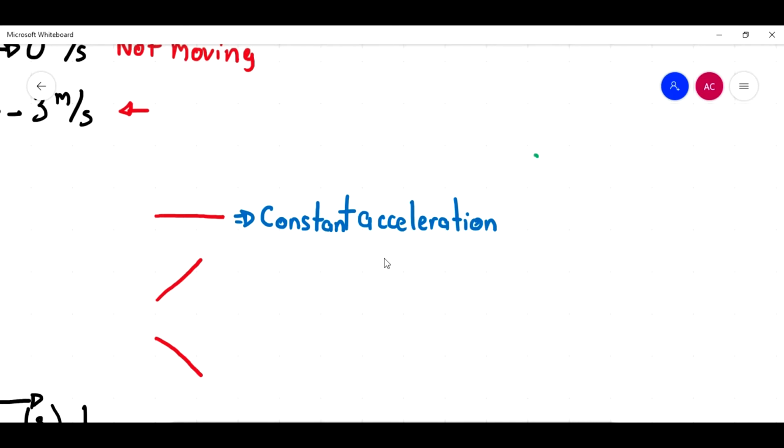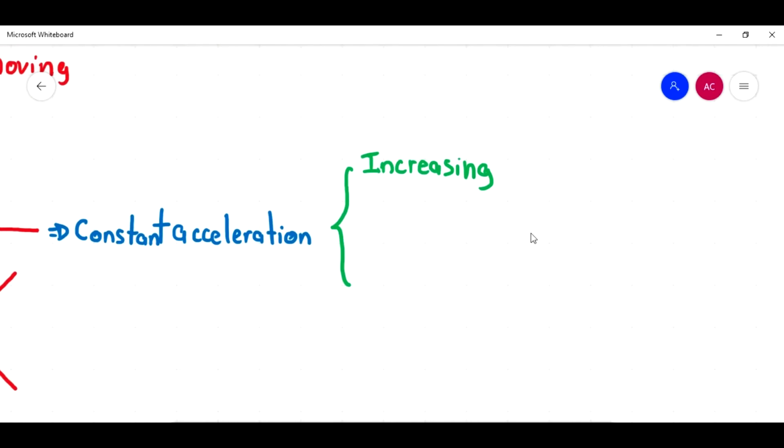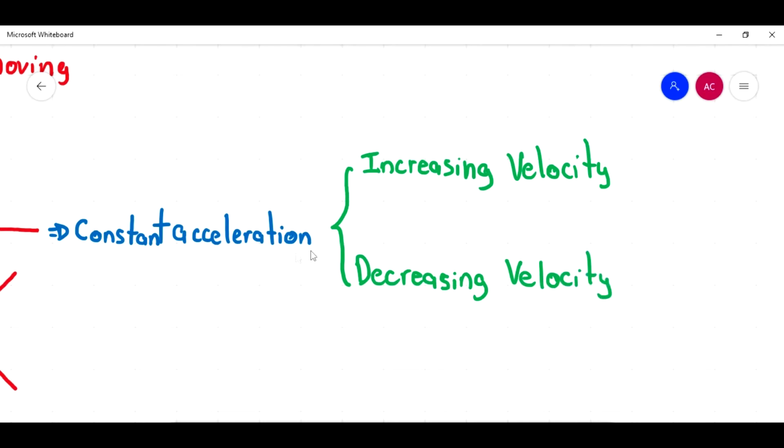The velocity could increase, increasing velocity, or decreasing velocity. It depends on the sign of the acceleration.